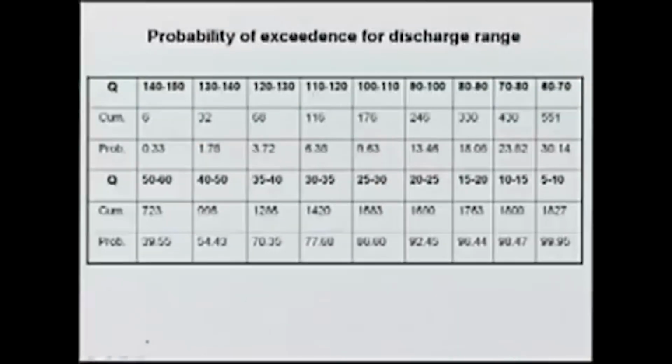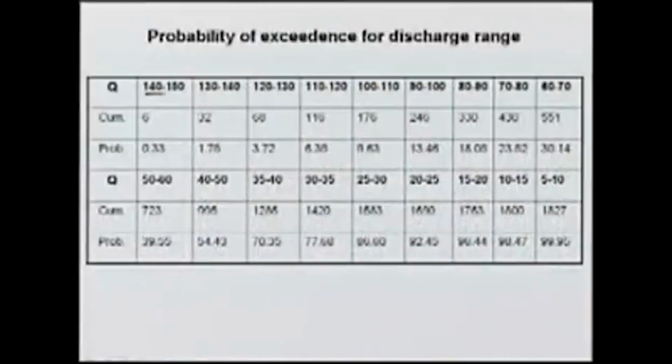And now, we can do a frequency analysis to analyze the probability of exceedance. For example, we write Q as we have done in the previous slide, and then we write the cumulative, again from the previous slides.